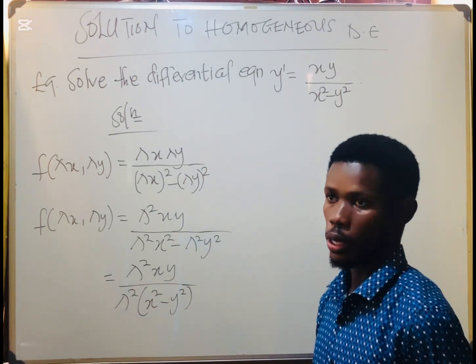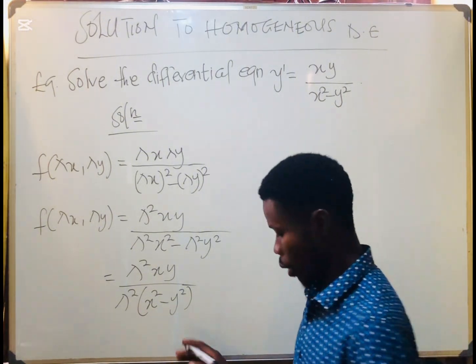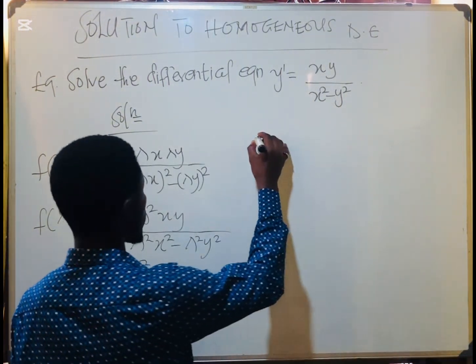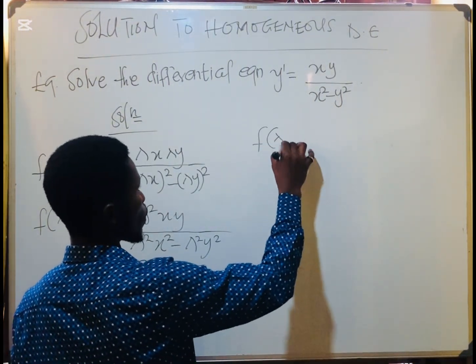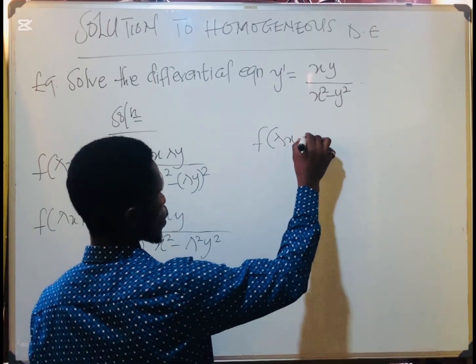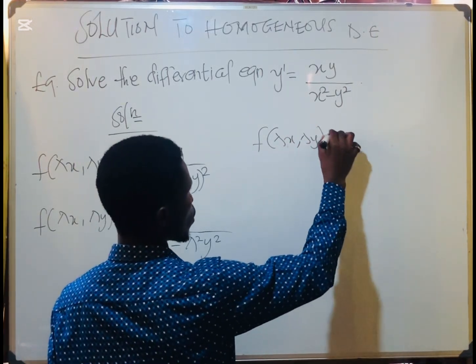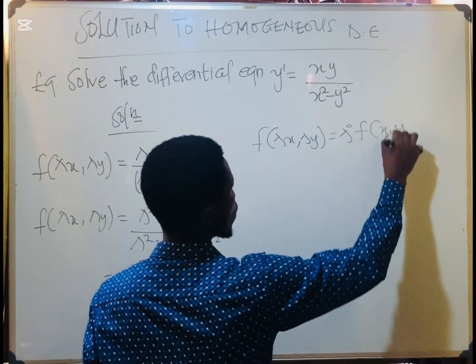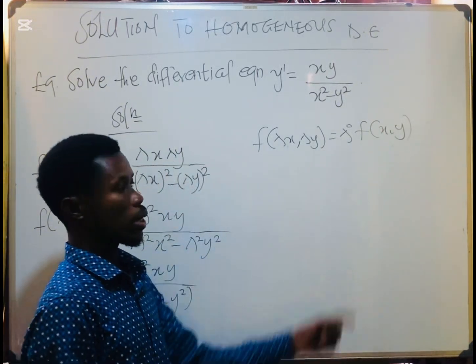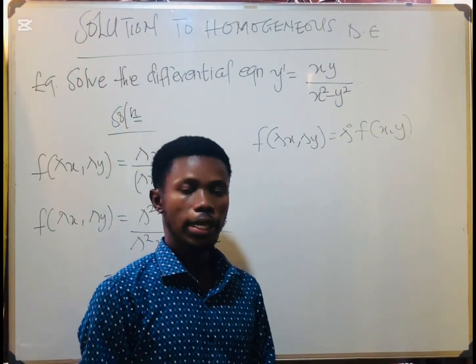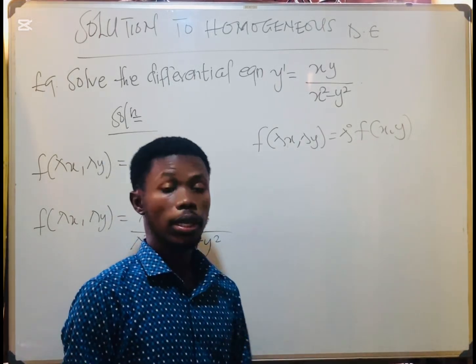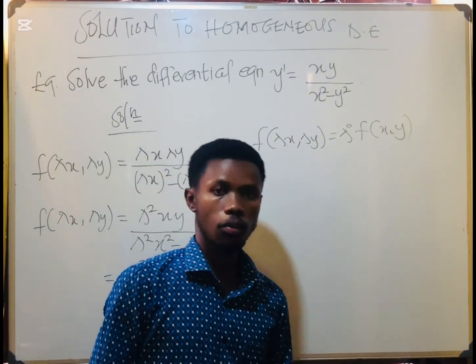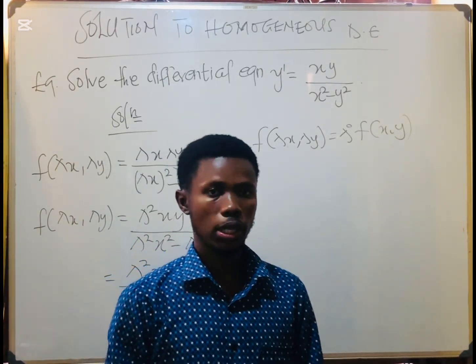So we have f of lambda x, lambda y equal to lambda to the power 0 times f of x, y. Since n here is 0, the degree is 0, so this is a homogeneous differential equation. Therefore we can solve it.